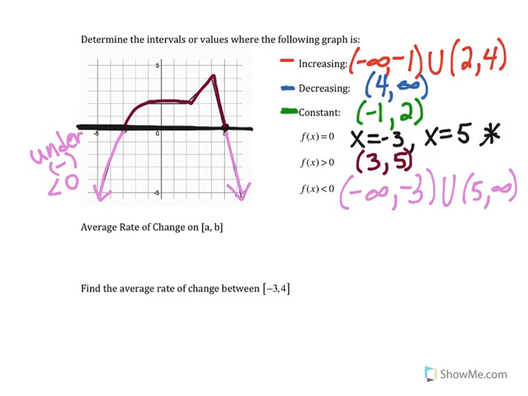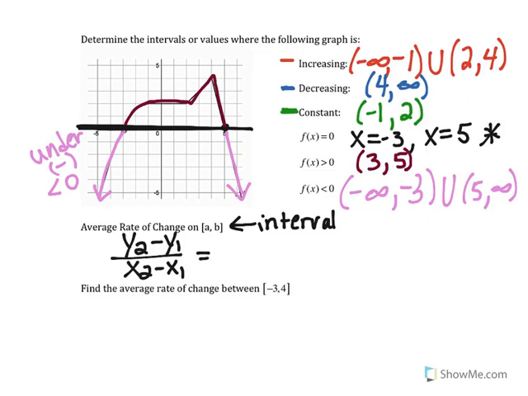Okay, our last intro situation is average rate of change. So it says average rate of change on a, b. So this really is talking about the interval ab. Essentially, average rate of change is just slope, y2 minus y1 over x2 minus x1.